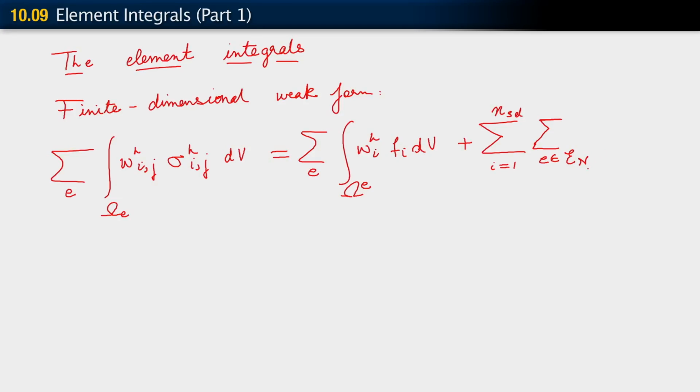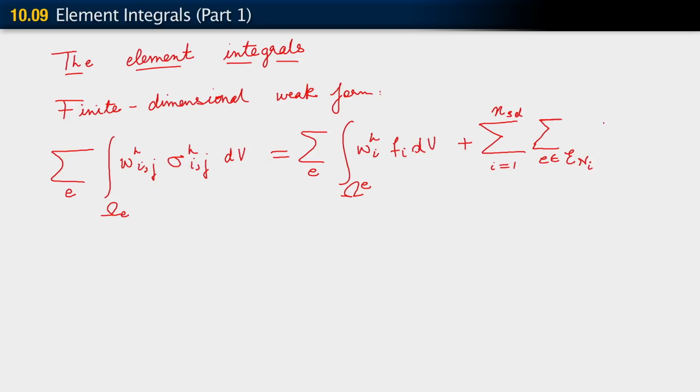All very well, except that that too needs to be indexed by the spatial dimension, right? Because for each of the i's, i equals 1, 2, 3, we could have a different set of elements whose boundaries coincide with the Neumann boundary for that particular dimension, right?